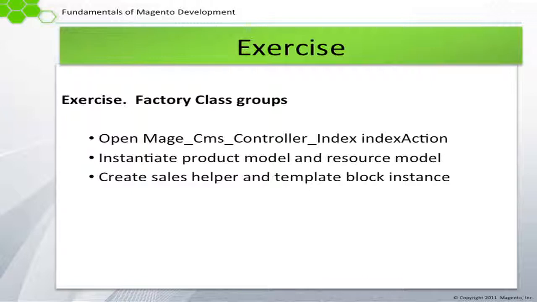All right. So, here we are at the end of lesson 6, and we're going to take a second to instantiate the product model, product resource model, sales helper, and the template block instance. Again, this is not a very practical example, but it should help those of you who haven't done this before get familiar with working with these factory methods.